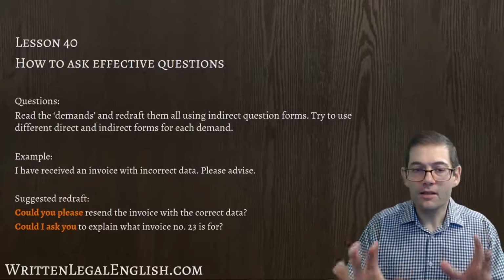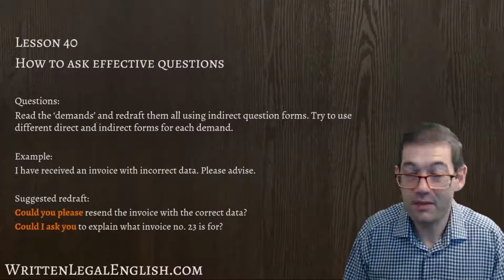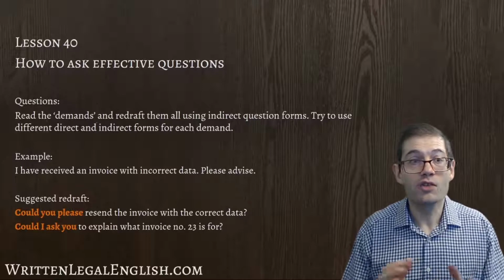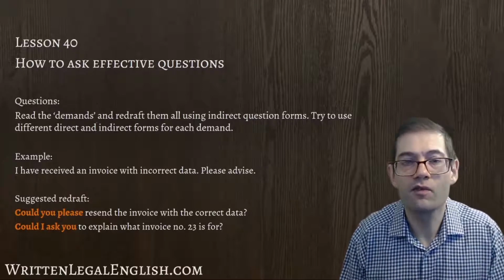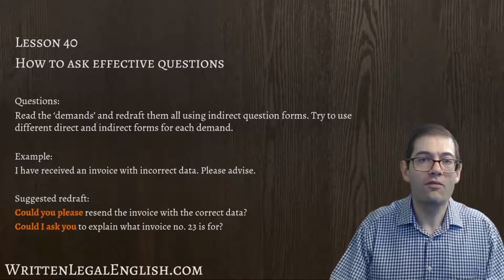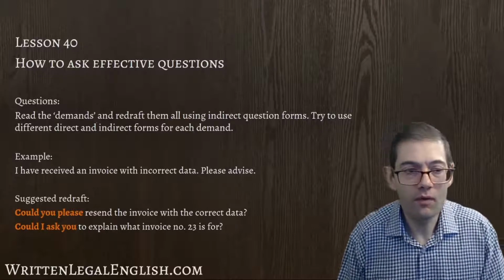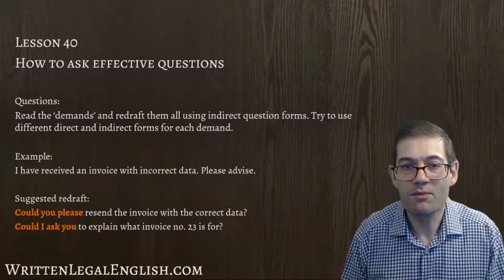So I'd like you to think about these questions. Read the demands, because they're not questions, they are demands, and redraft them all using indirect question forms. Try to use different direct and indirect question forms for each demand. So here we're practicing flexibility, both indirect and direct forms. As an example, I have received an invoice with incorrect data, please advise.